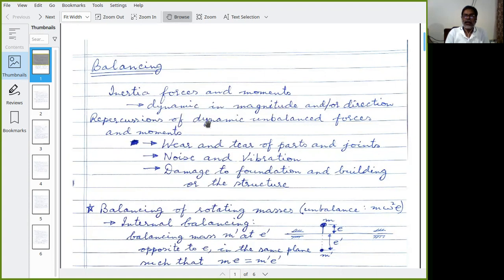And this causes wear and tear of parts and joints, noise and vibration, and also damage to the foundation, the frame. And because of that, the building which is housing this mechanism, the machine, may also get subjected to vibrations and therefore damage.